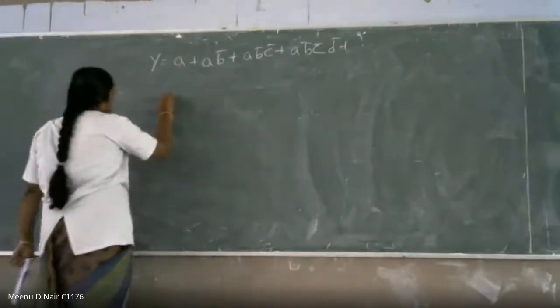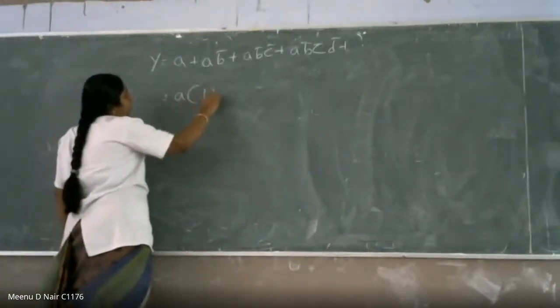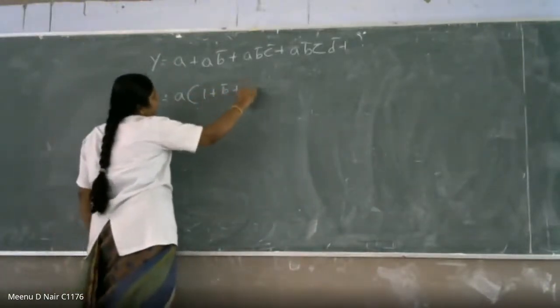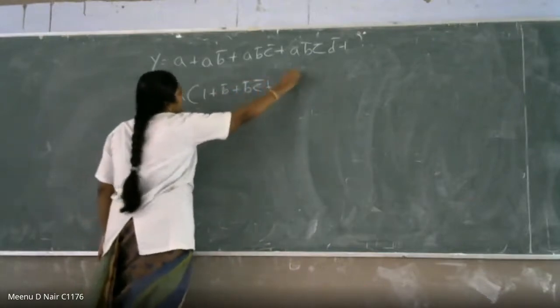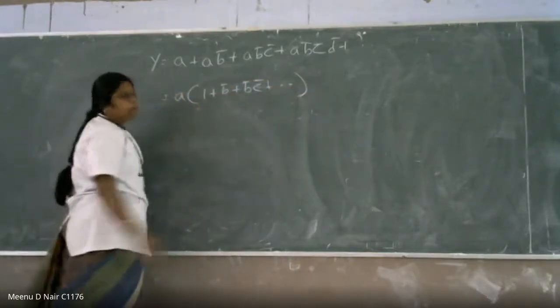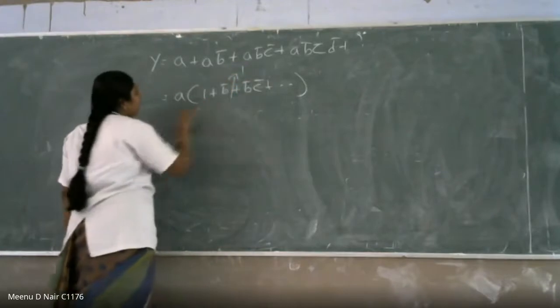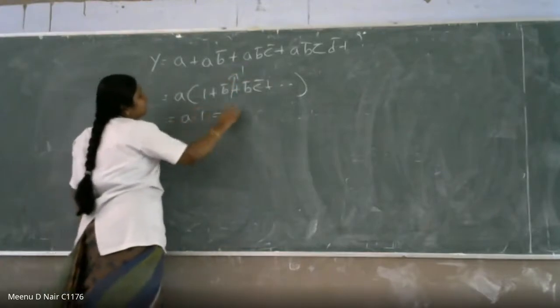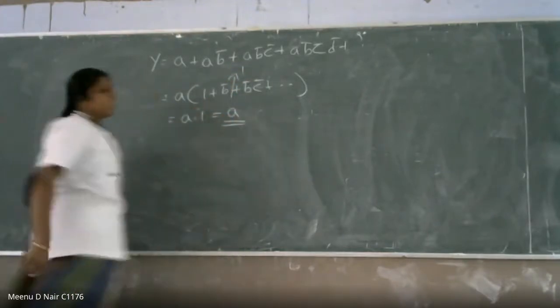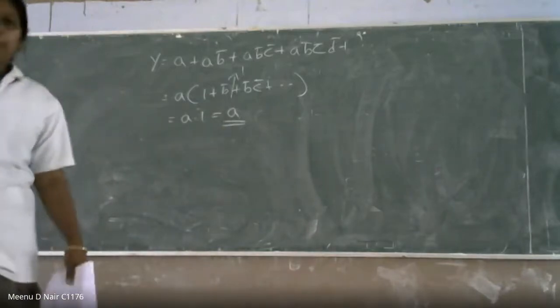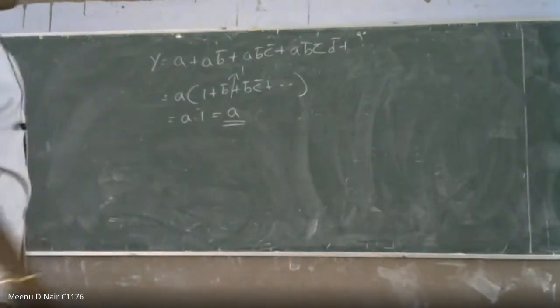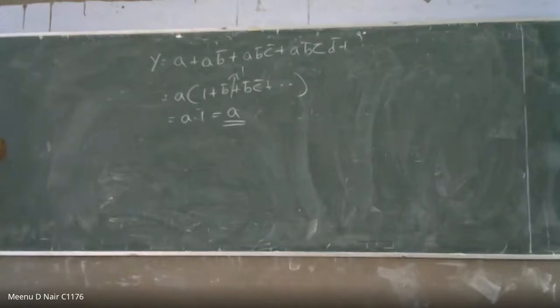You are writing A into 1 plus B bar plus B bar plus etc. Once you are getting 1 plus, the answer will be 1. So A into 1 equals A. This is the answer. So you have to do it very fast, in competitive examinations also. So this is the question.